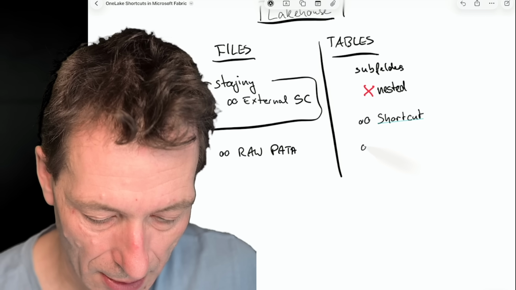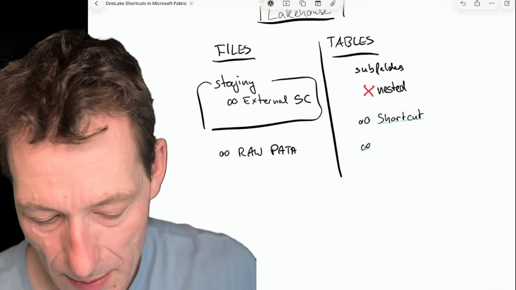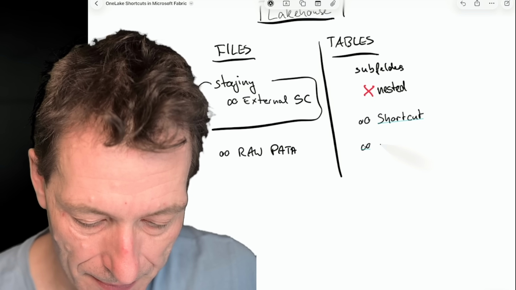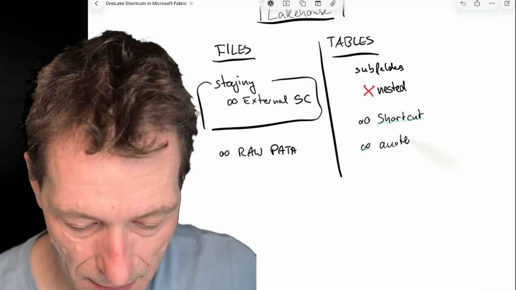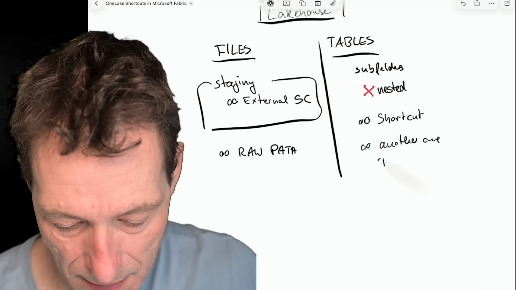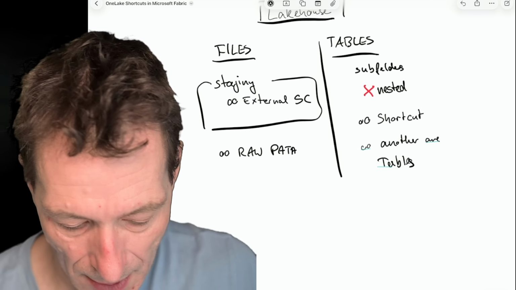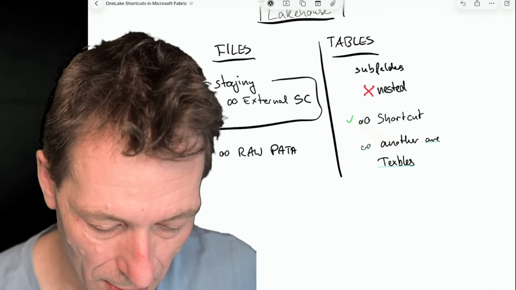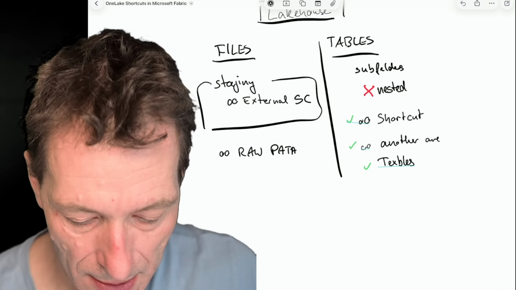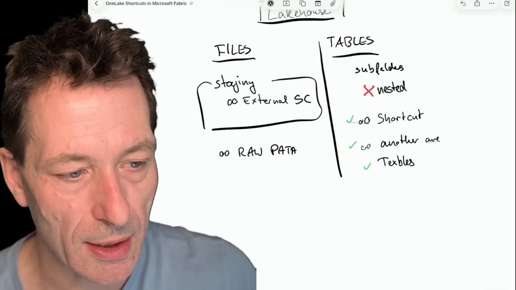And I could, of course, create tables out of files. So all that will work. Different shortcuts without subfolders and tables directly created.